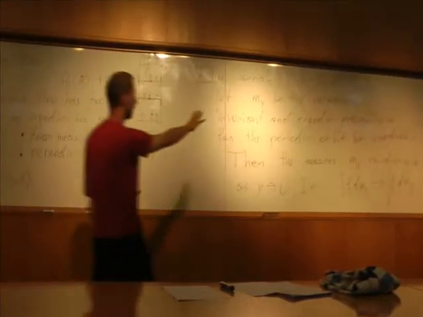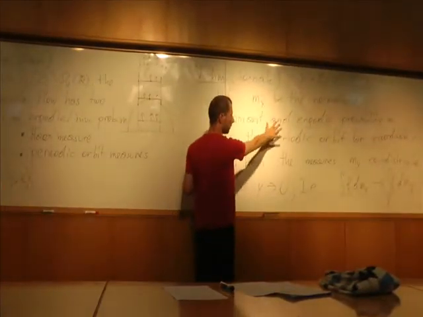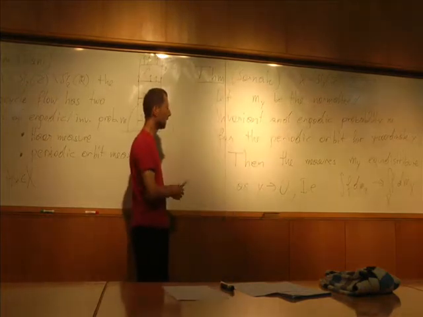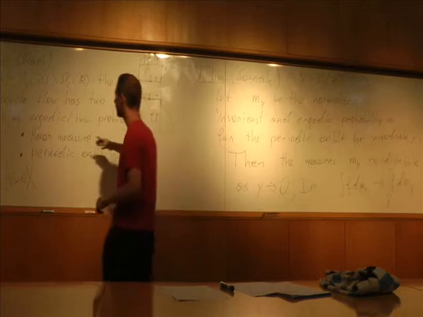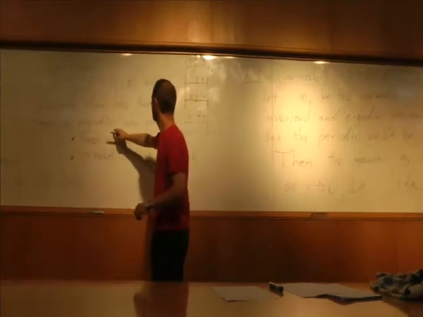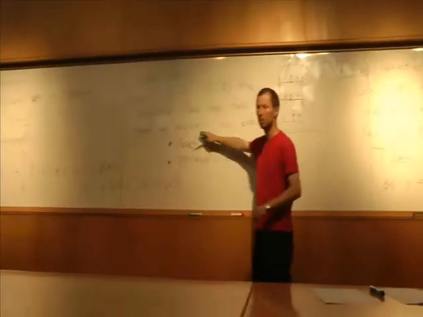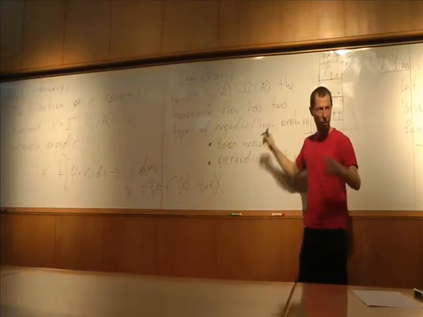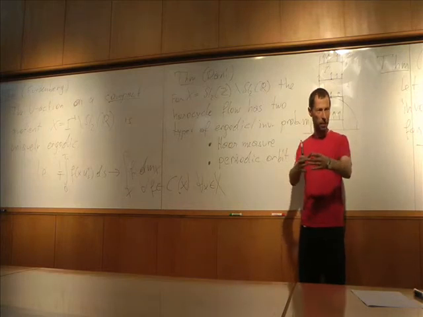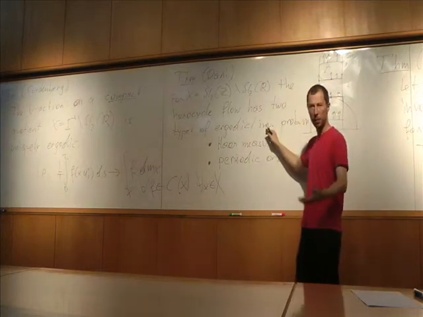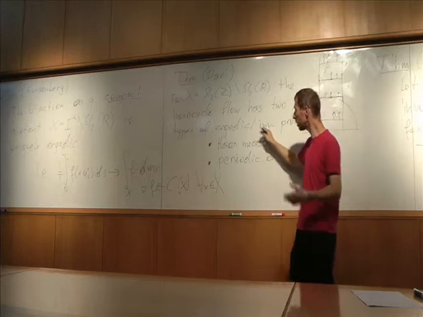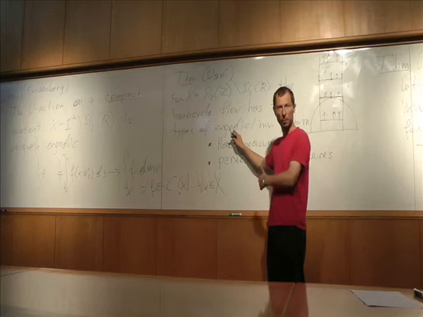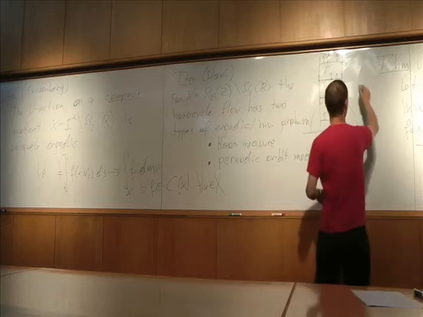So let me say in a different language what this means. Look at all the invariant measures for the horocyclic flow. That's a convex compact subset, right, of the space of probability measures. Then look at the ergodic ones. Those are the extreme points of this convex compact subset. We saw this picture before.